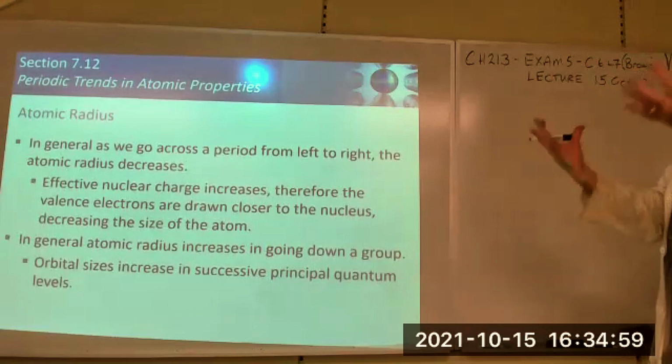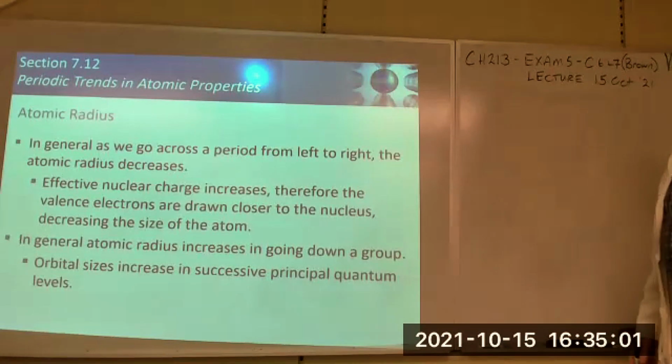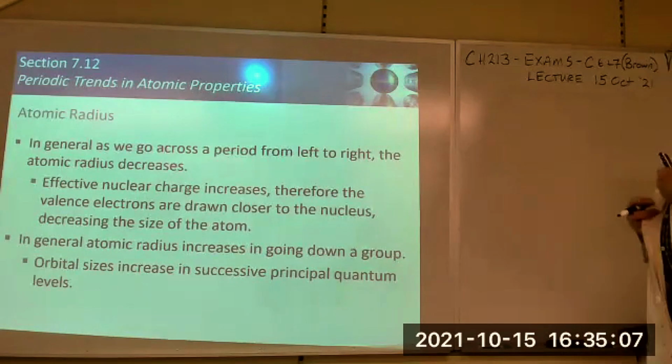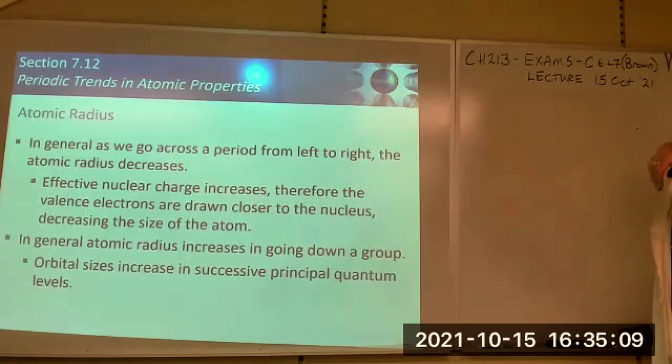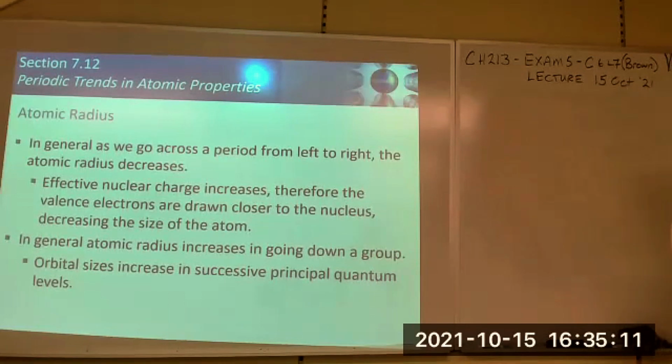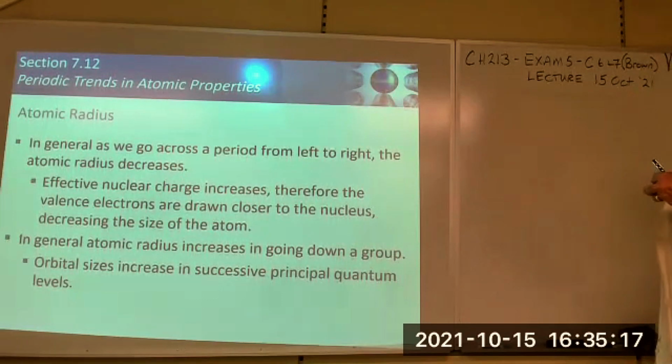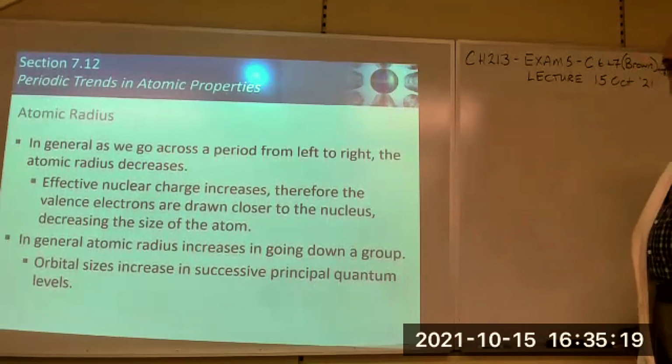So how do you tell where the atom stops and where the next one begins? Well, that's the key. And it depends on the element and the phase. You have to make several measurements using different forms, and then you just got to pick and choose. Which one do you want?